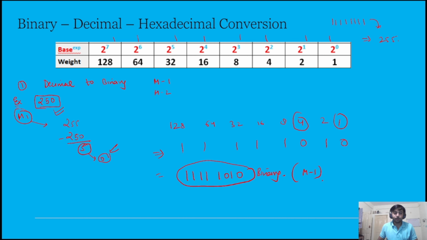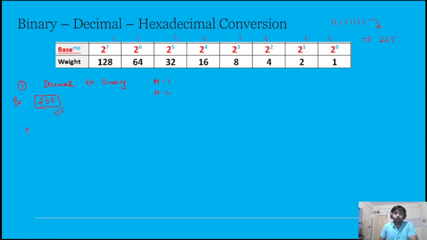Now if I talk about method 2 for converting decimal to binary, we will fill 250 from left to right. So 250 we have to fill, right? If I subtract 128 from it, it will become 122.